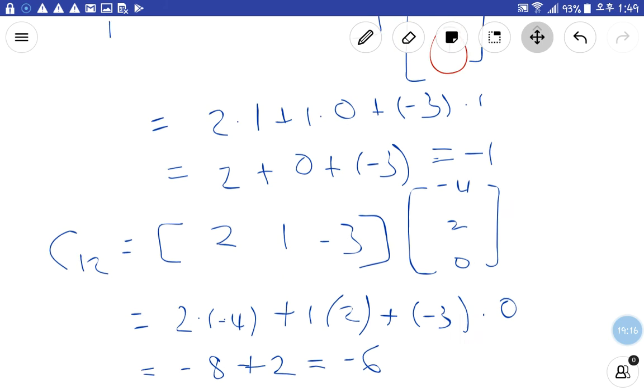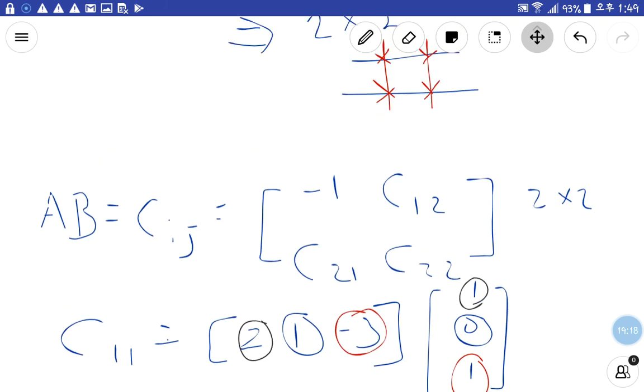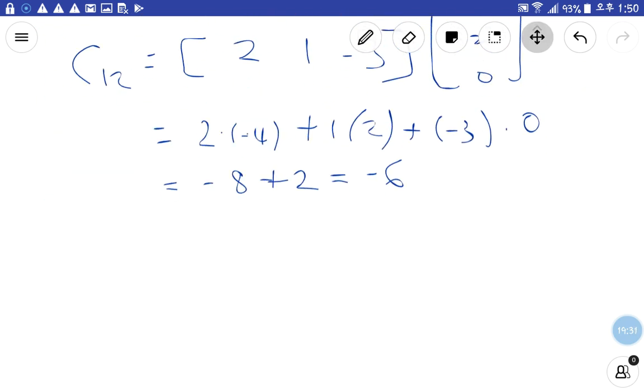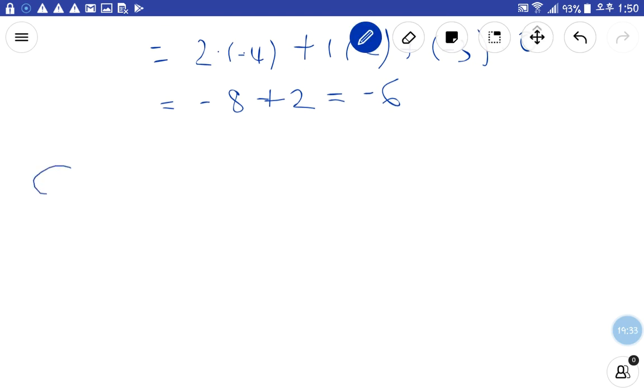So I can go up, erase my C12, and fill that up as negative 6. Okay, so you repeat the C21 and C22 in the same way. So C21 right here. Now I'm using my second row, 0, 1, 2, and you are going to use it with your first column of B, 1, 0, 1.